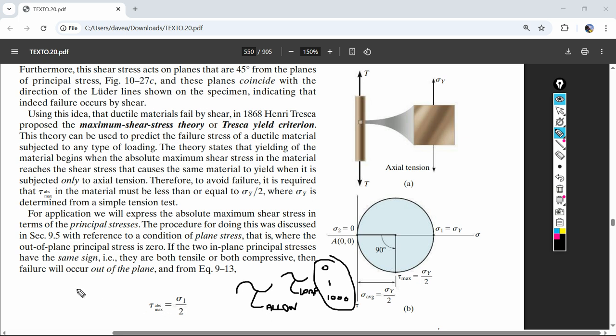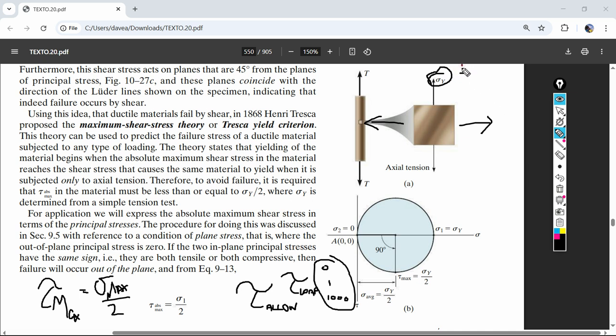And yeah, so in this case, I think it would be better to do this. Tau max is equal to sigma max divided by 2. Because if we have biaxial stress, this is the max shear if this number is the same.